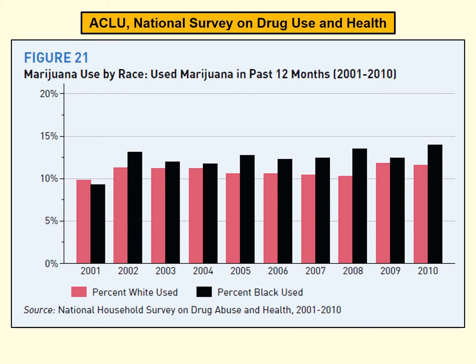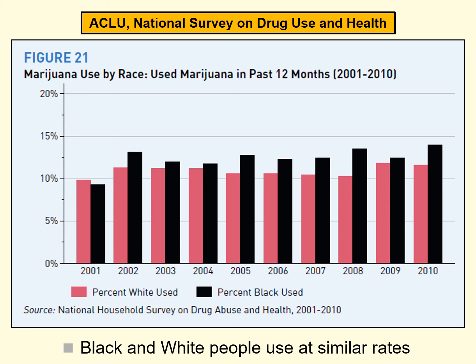This is a graph from that ACLU study, based on the 12-month prevalence of marijuana use for people who are Black or African American and people who are white. I should point out that this is not just among young people; this is among people of all ages from the National Survey of Drug Use and Health. What we can see here, or at least what I hope you can see, is that the rates of marijuana use among Black and white people are pretty similar.